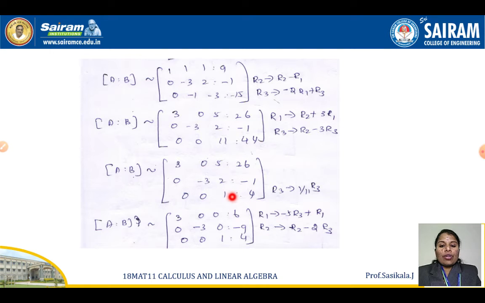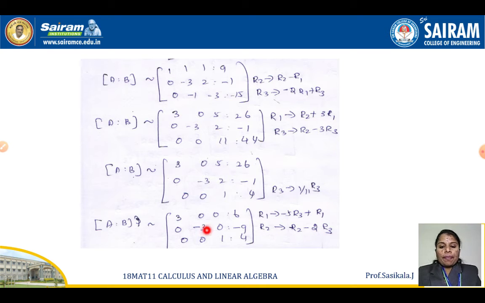Use the third row to make the first row and second row third element 0, and similarly, to convert the second element to 0, use your second row. So using that, what I will get, R1 implies R1 minus 5 R3, then R2 implies R2 minus 2 R3.